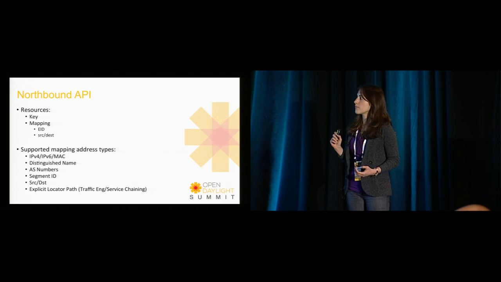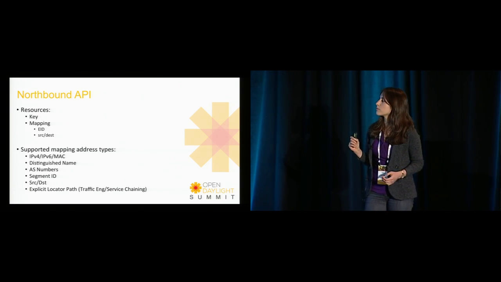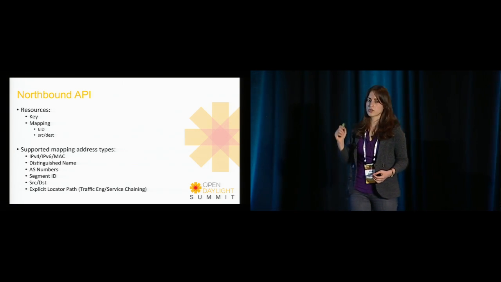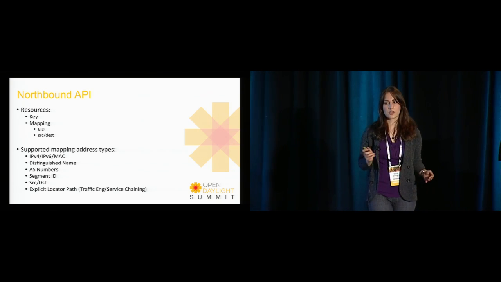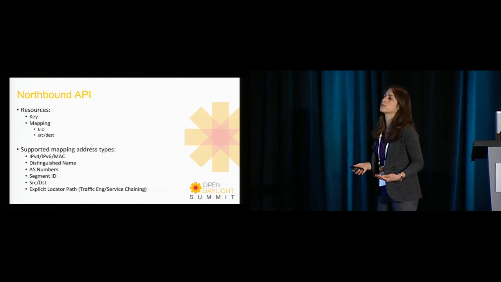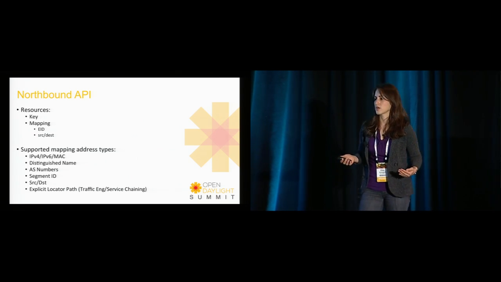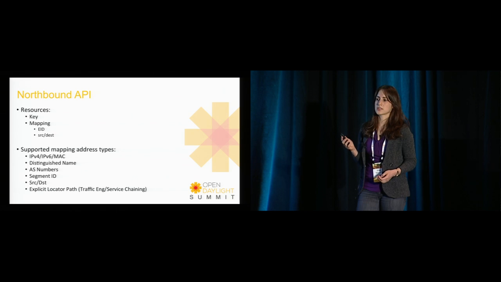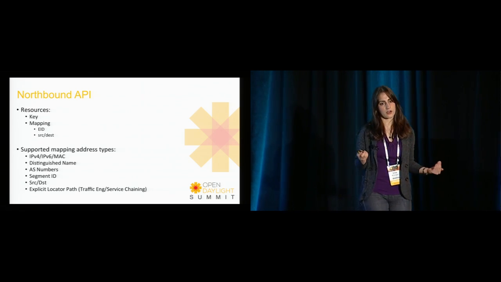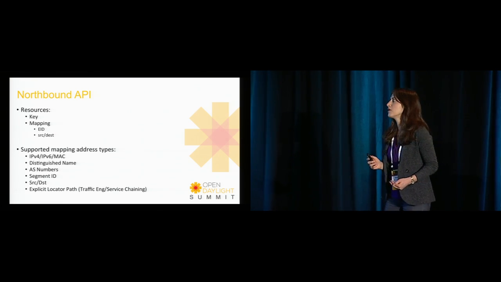Or you can put in a policy and a mapping for a combination of a source and a destination. That's kind of going in the direction of putting a policy or a location in for a flow, not just the destination. Now here, it's not a full flow. It's really like a two-tuple flow.